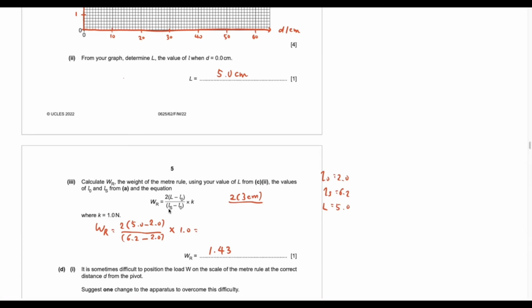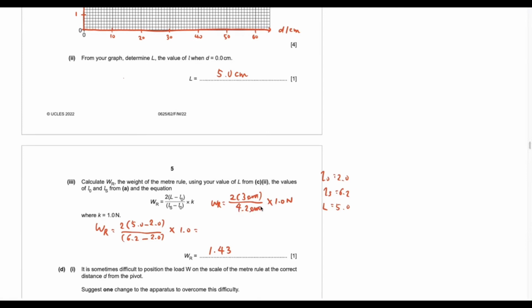The bottom is 6.2 cm minus 2.0 cm, this minus this, 4.2 cm. Times K, K is 1.0 Newton. If you include unit, it will help us finalize the unit.